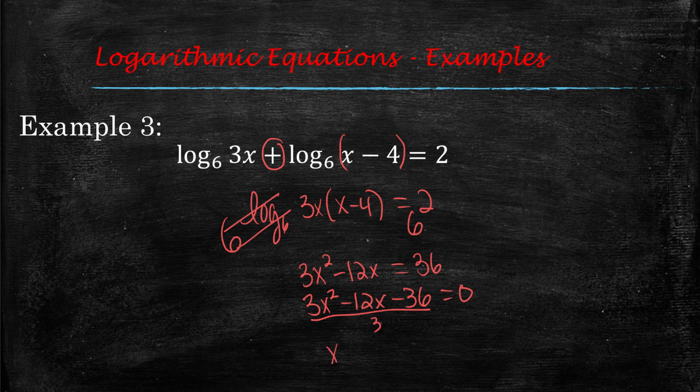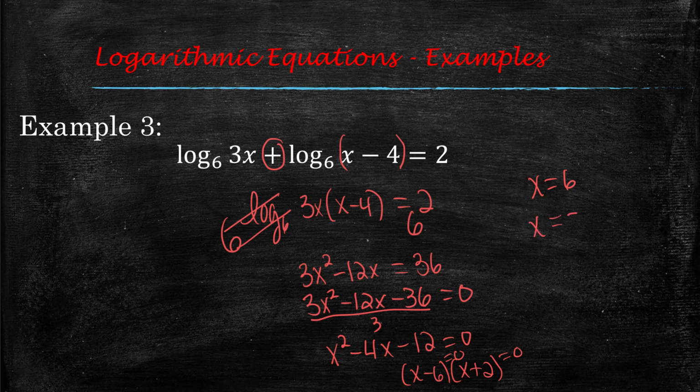So that would be x squared minus 4x minus 12 equals 0. And if I think about how this would factor, this would be x minus 6 times x plus 2. And then you would set both of those equal to 0. So I would get x equals 6 and x equals negative 2.